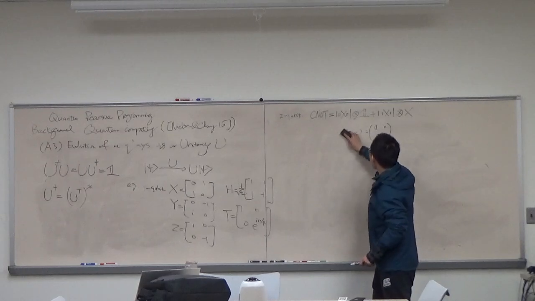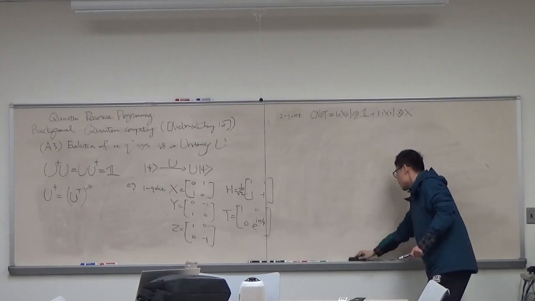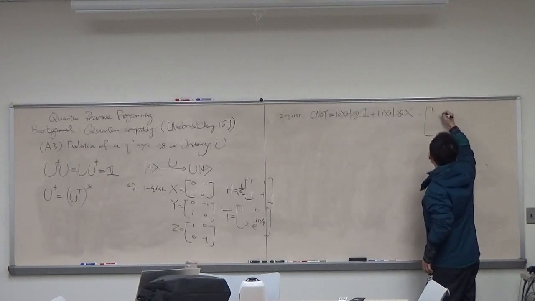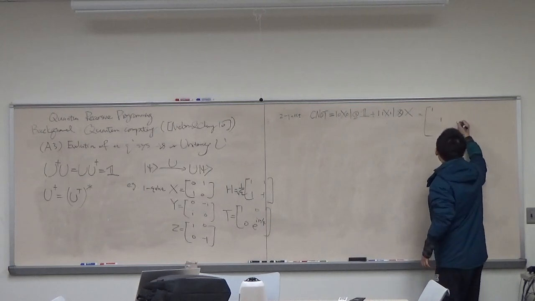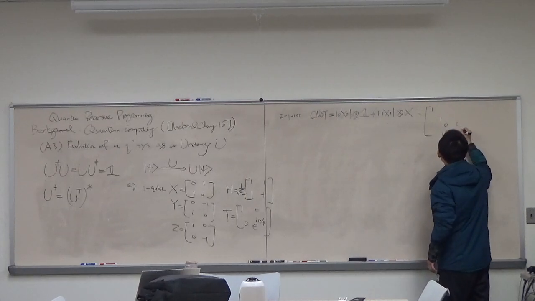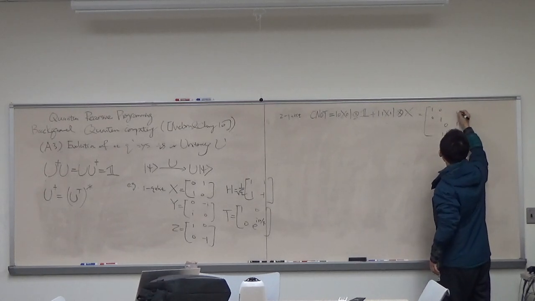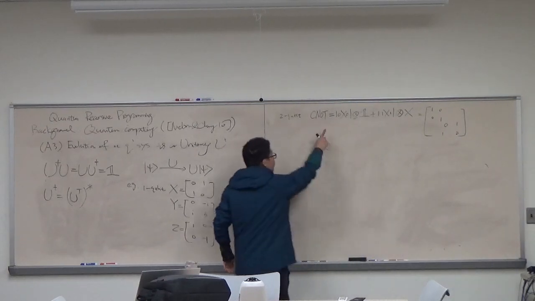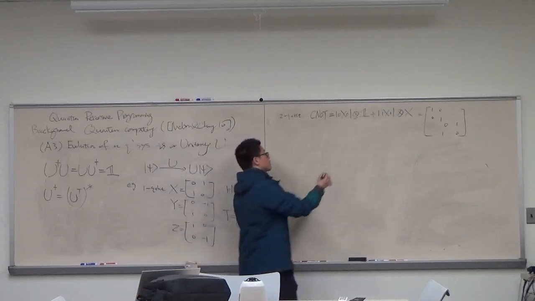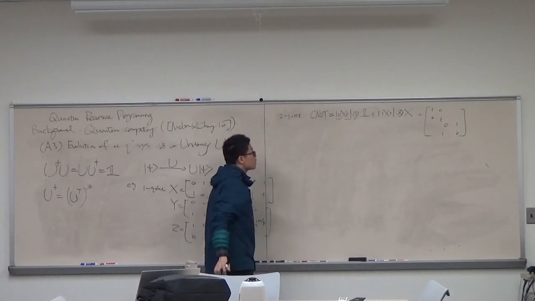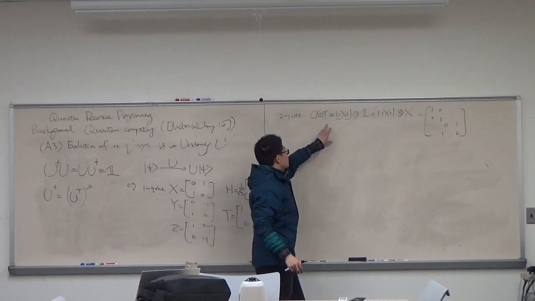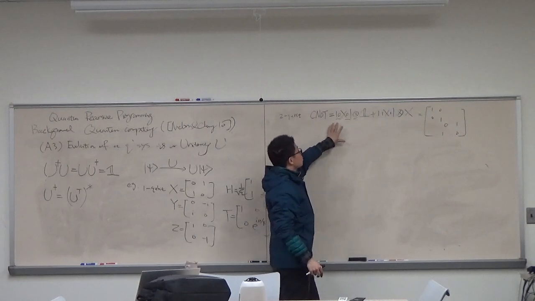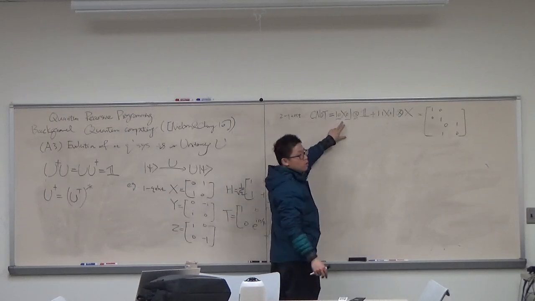So if you write the matrix form of the CNOT gate, it will be equivalent to 1, 0, 0, 0, and so on. So what's the intuitive meaning of the CNOT gate? It is a 2-qubit gate, conditioned on the quantum state of the first qubit.